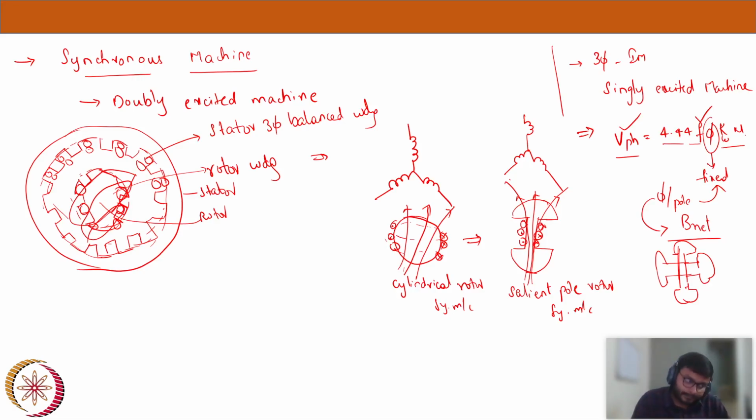Here we call the winding on the rotor the field winding because we are giving a DC excitation. It sets up the field flux in the machine. The winding present on the stator, the three-phase winding, in terms of a synchronous machine we also call the armature winding, the three-phase armature winding.